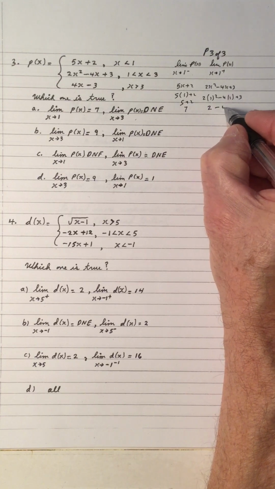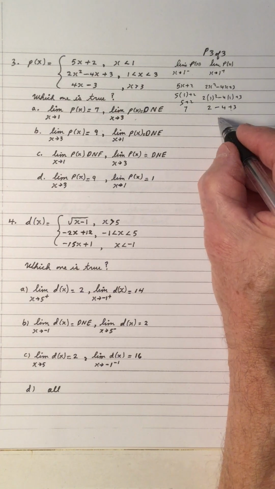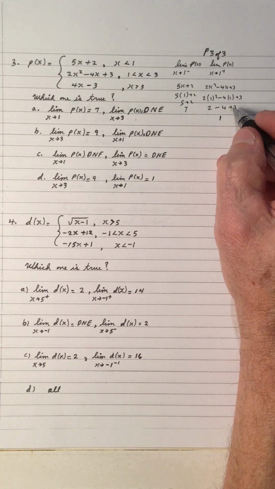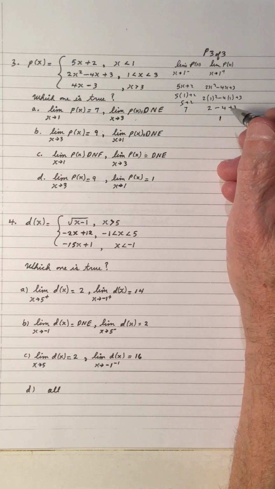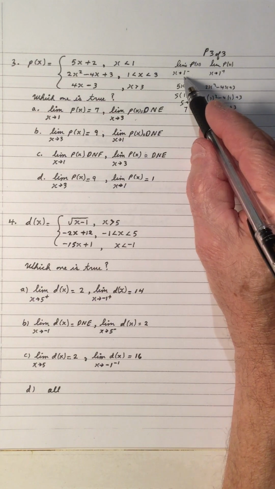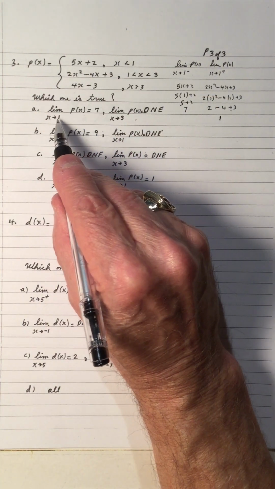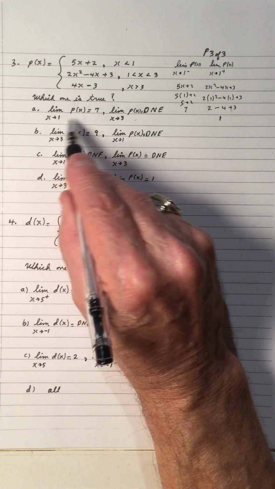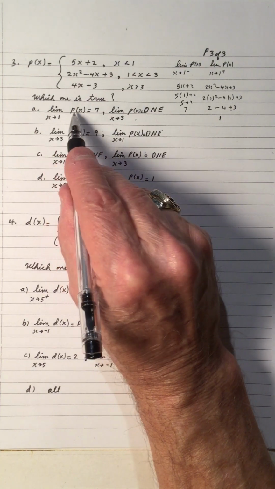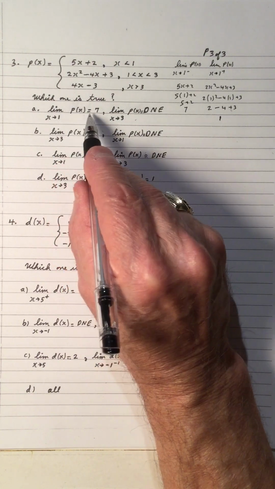Negative 4 times 1 is negative 4, plus 3. So that's a 1. So the limit of p of x as x approaches 1 from the left is 7.